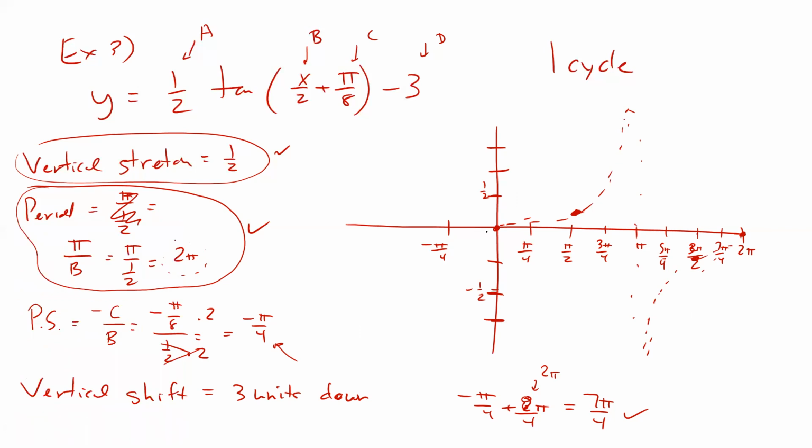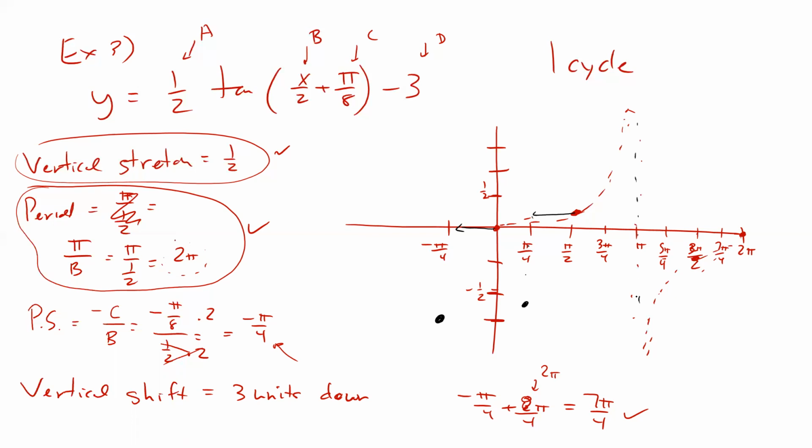Okay, I think we're ready. So it goes back pi over 4, and that little dot goes down 3 units. Are we good there? This little dot at pi over 2, 1/2, it's going to go back pi over 4, and it's going to go down 1, 2, 3. Are we good?